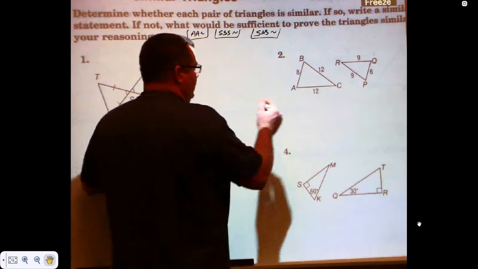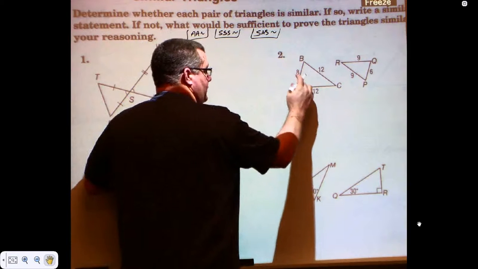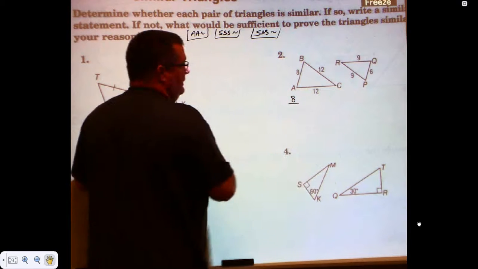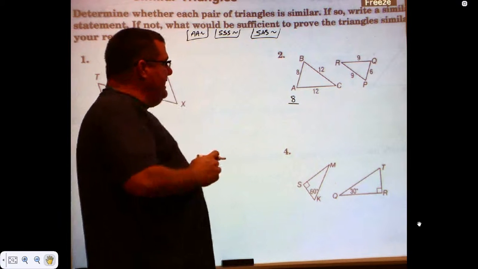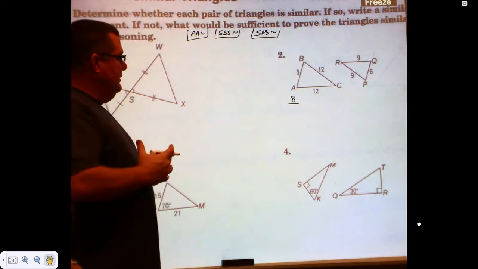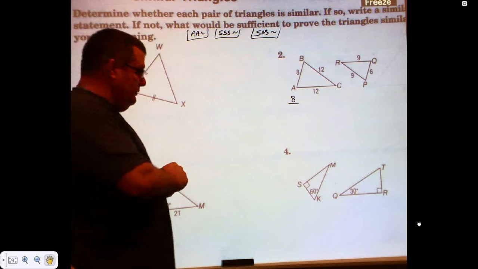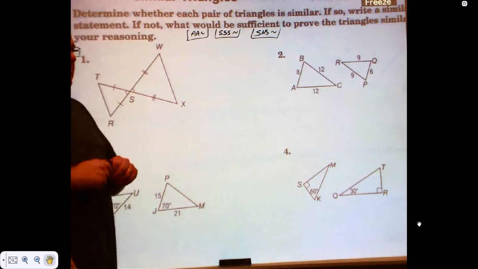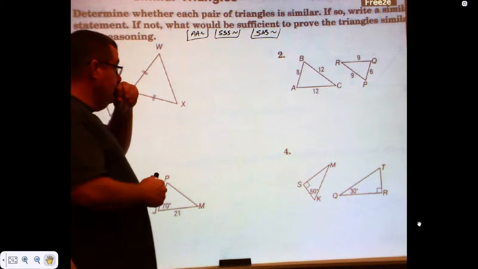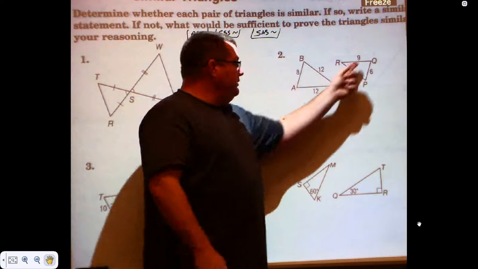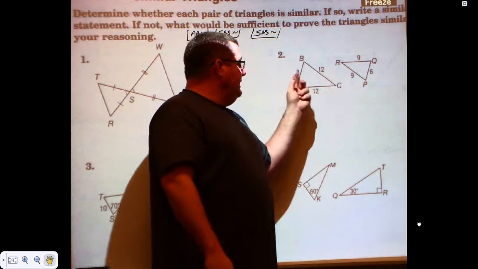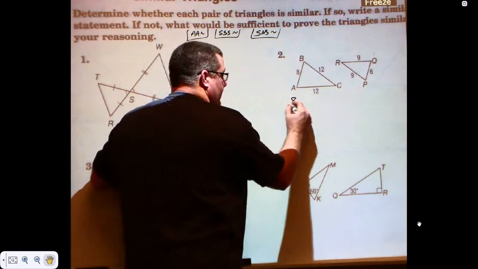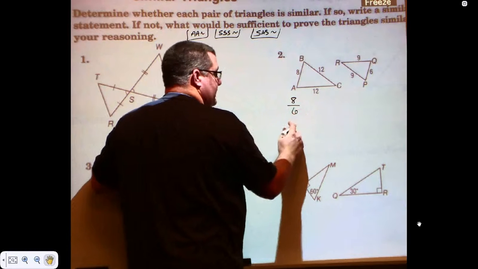So what I basically need to do is, first of all, 8 over. Now here's what's tough. They really didn't give us anything to be for sure which ones, at least with the angles, correspond to each other. But there's two that are equal, and then there's the smaller one. So obviously the 8 corresponds to the what? So 8 over 6.